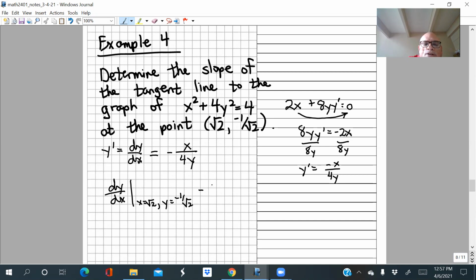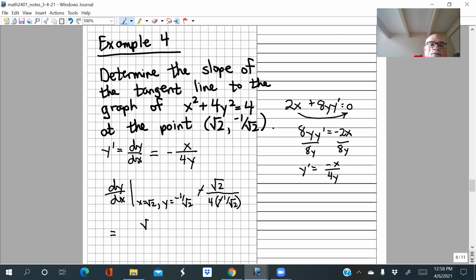What happens there? So you get minus square root of 2 over 4 times -1 over square root of 2. Wow, what's all of that? Looks awful. I guess these minus signs are going to cancel ultimately, so we can get rid of those.